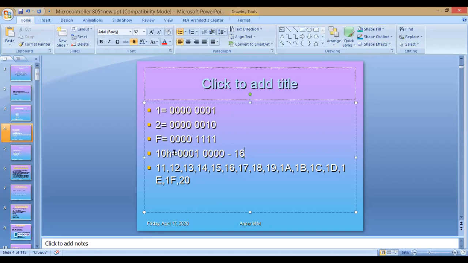How to represent a number? If you take this 10, somebody says this will be a binary number because it consists of ones and zeros. Some say it will be a decimal number because there is a 10 in decimal.